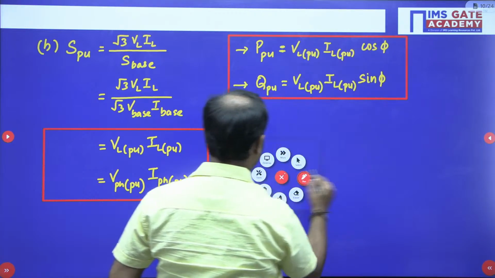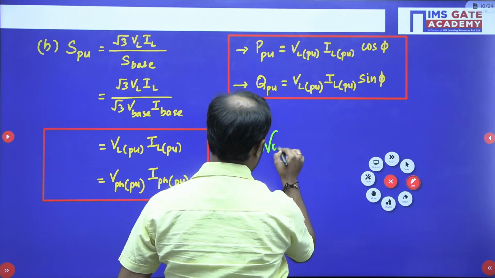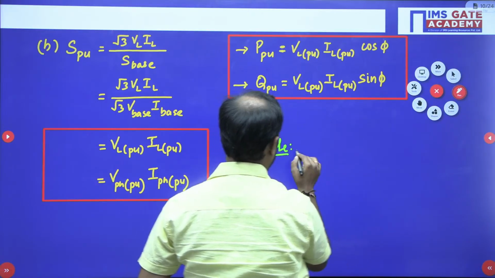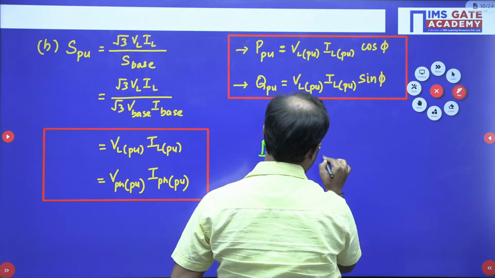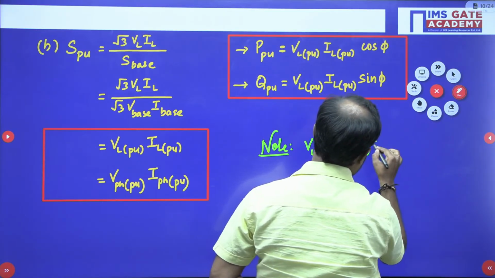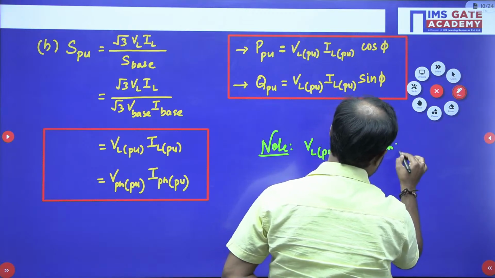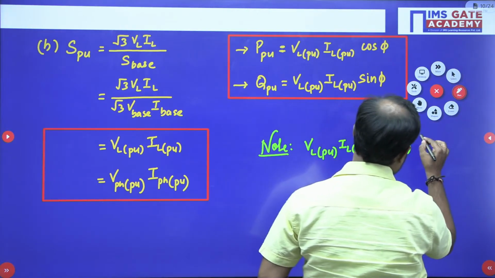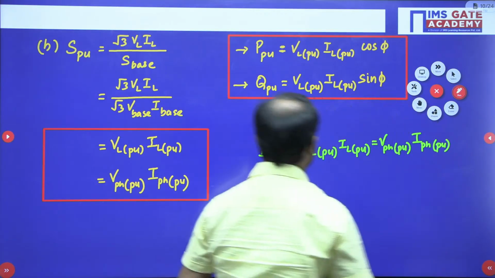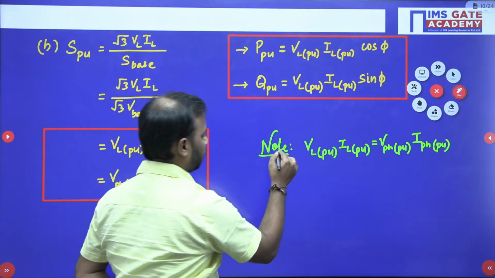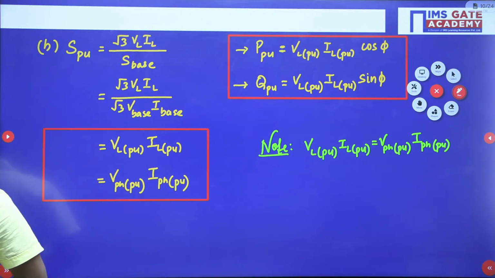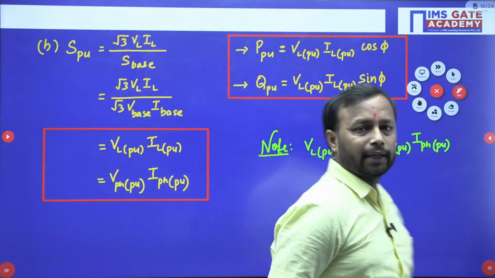Okay, a note point: VL per unit IL per unit is equal to V phase per unit I phase per unit. Any doubt? Is this clear to everyone?